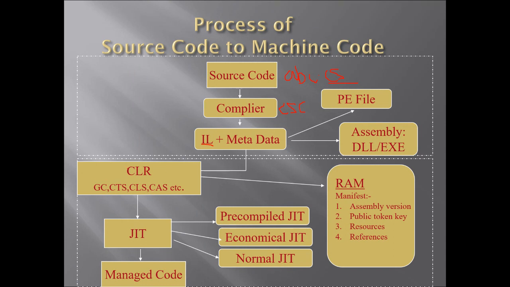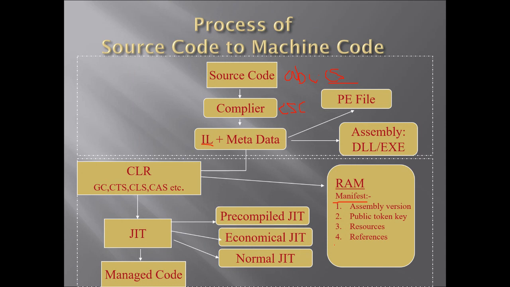In that process, it will generate one file that is called the manifest file. Why are we generating this manifest file? Because all the resources, all the components require memory space, right? At runtime, only one resource is available in the operating system that provides you runtime memory, that is called RAM.